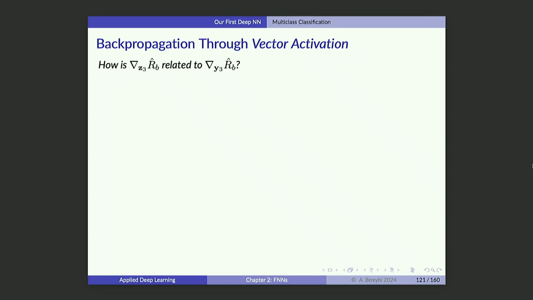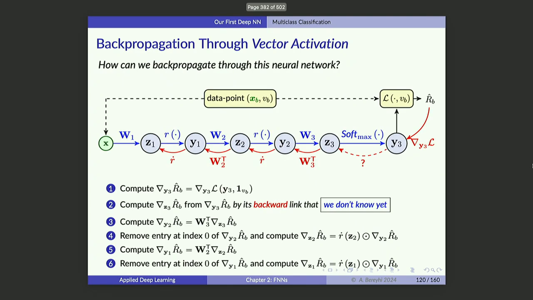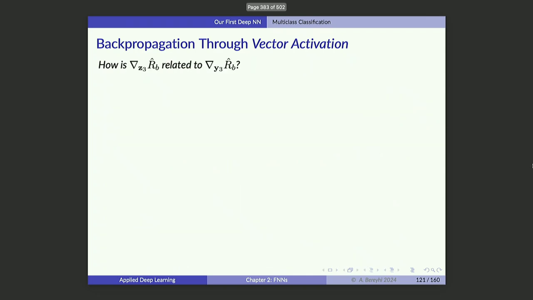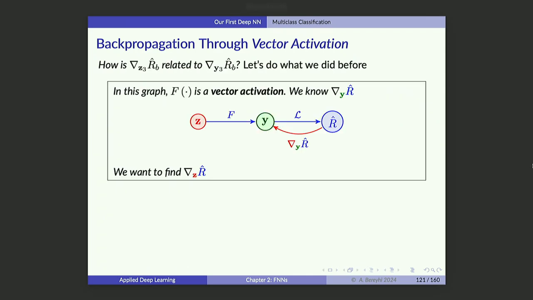So again, we can just formulate it like the local operations we talked about before, right? So we don't really need to look at the whole, messy picture. We can just focus on the part that we really want. How can I do that? I can say, okay, I have the r hat, which is the very last guy, right? And then I do know how I can get from r hat to y, meaning that I do know what is the gradient of r hat with respect to y.